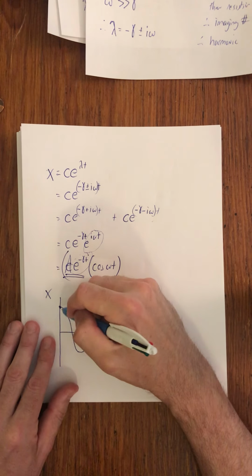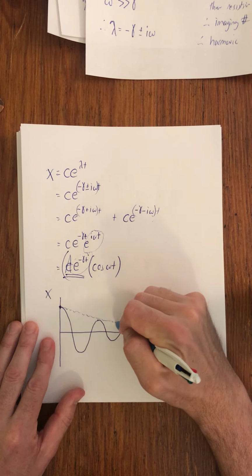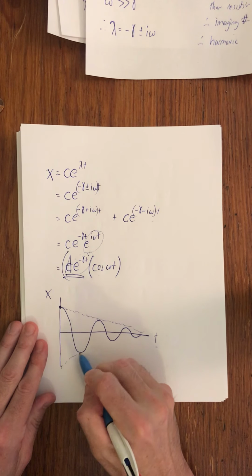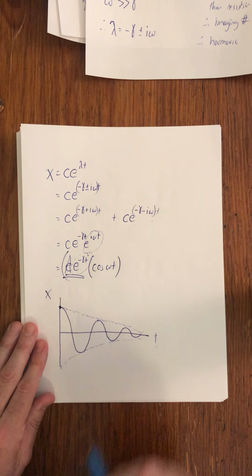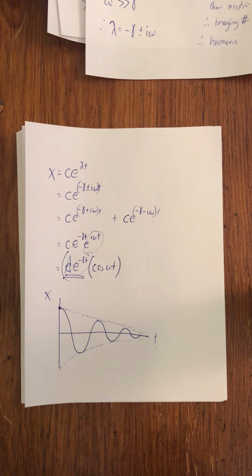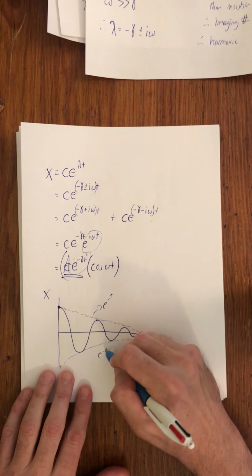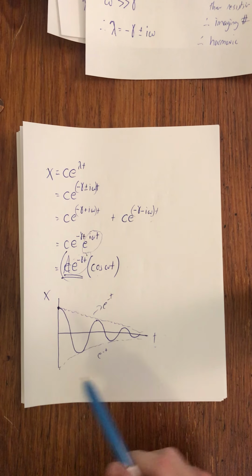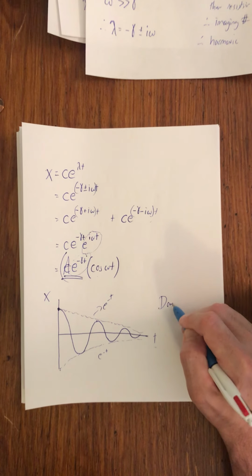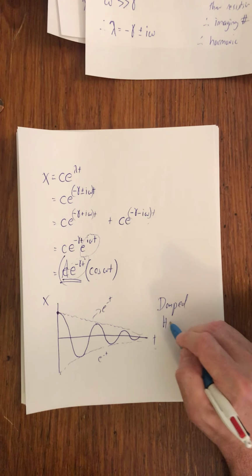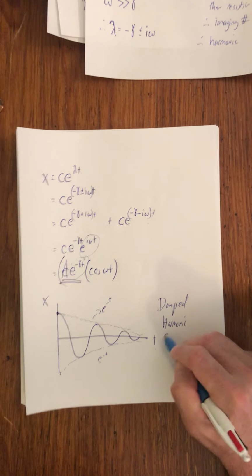And so this just falls inside of the e to the minus t curve, right? That curve is the e to the minus t part. So what's happening here is something called a damped harmonic oscillator.